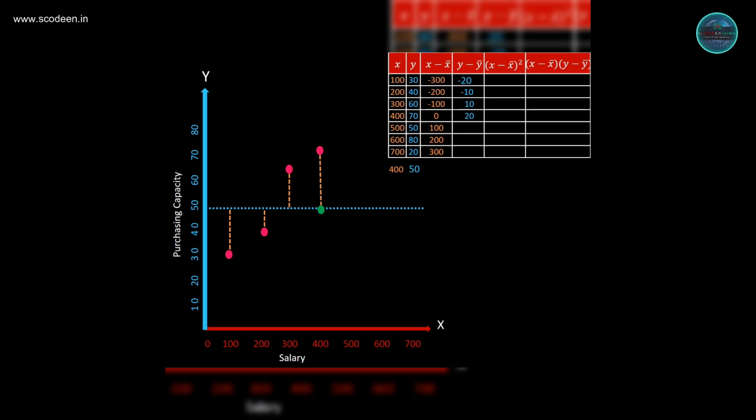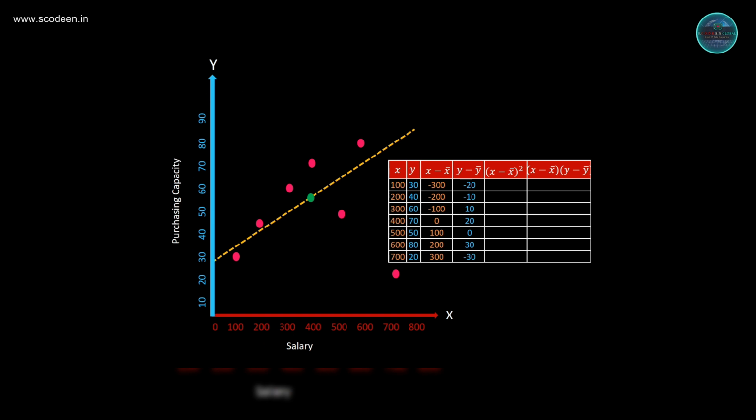The most important point is that we have to analyze the error in both the x and y-axis. The next column represents x minus x bar whole square. It is very easy: x minus x bar is minus 300, whole square is equal to 90,000.